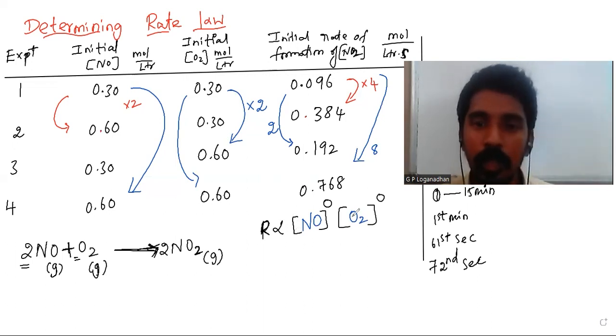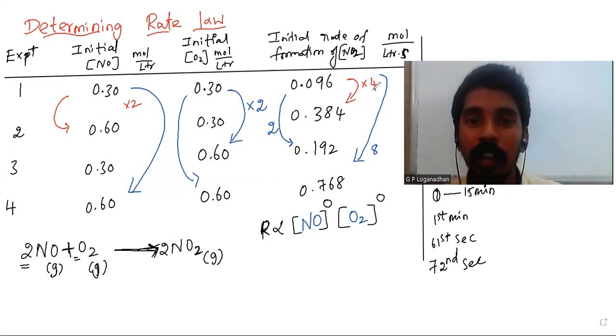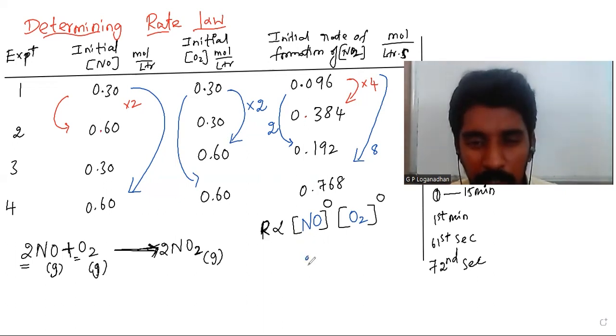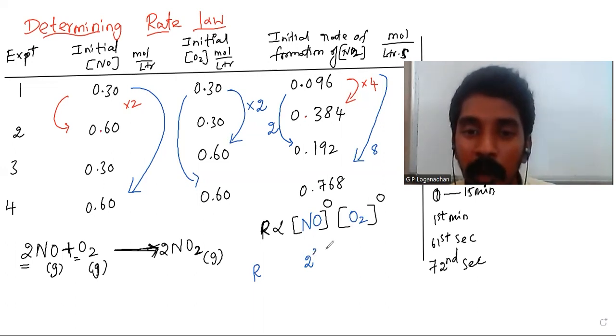Now, what is the power? What should be the power? Now you see, when the concentration of NO is doubled, from 1 to 2, the rate of the reaction increases by 4 times. So if it is 2 times, then the R value is increasing by 4 times, so you should take the power 2.